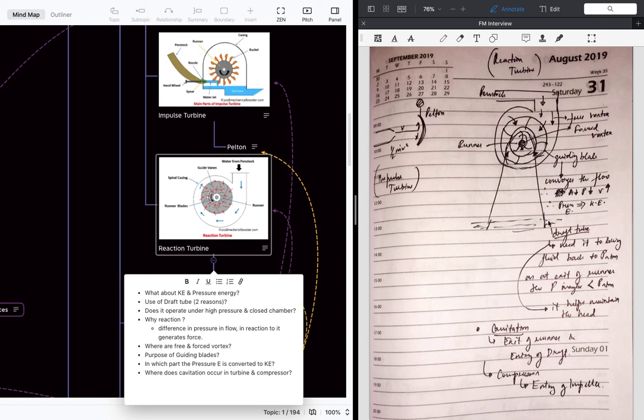That's why we use the draft tube, so that the fluid won't just evaporate. Through the draft tube the fluid is thrown outside, and it condenses and mixes with the other water. So it brings the fluid back to atmospheric pressure, and at the exit point the pressure can be less than atmospheric pressure. It is also used to maintain the head, as we discussed earlier.